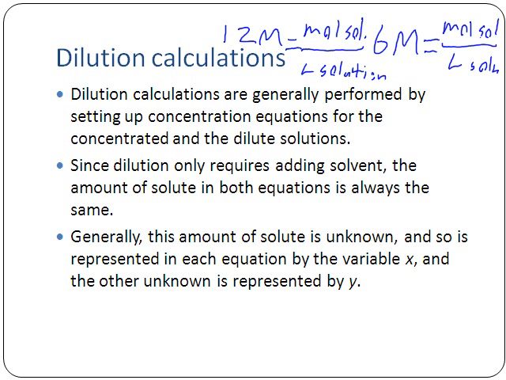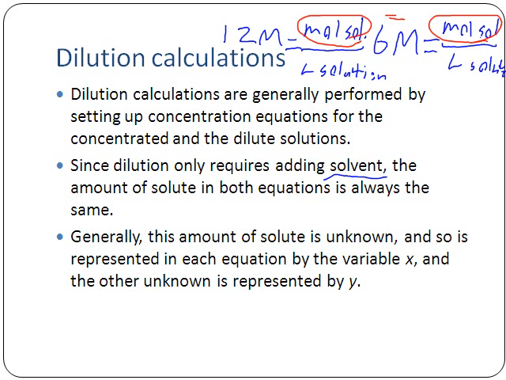In the case of a dilution calculation, since dilution only requires adding solvent, the amount of solute in both equations is always the same. So whatever moles of solute I had in the 12 molar and whatever moles of solute I have over here in the 6 molar, those are both going to be equal to each other.